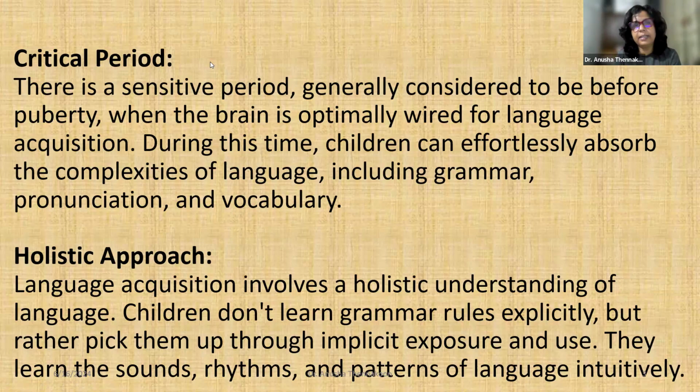Under the critical period hypothesis, it is believed that until a particular age, maybe age 14, the children's mind is elastic for language acquisition. That means it's not fixed. Until age 14, children can acquire a language.